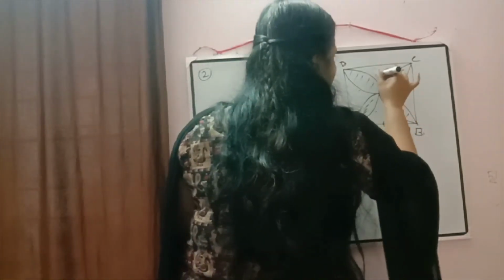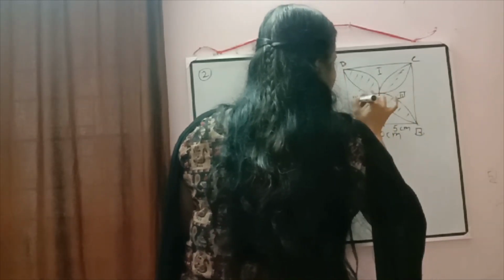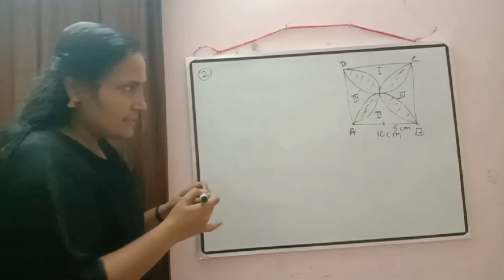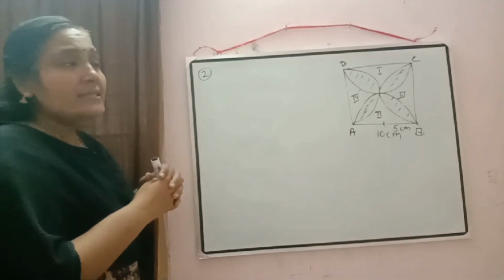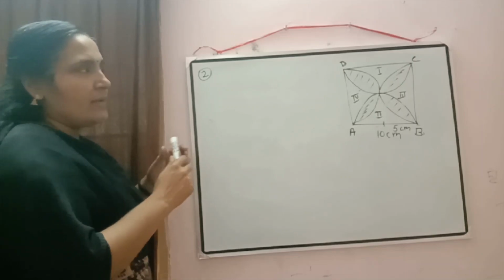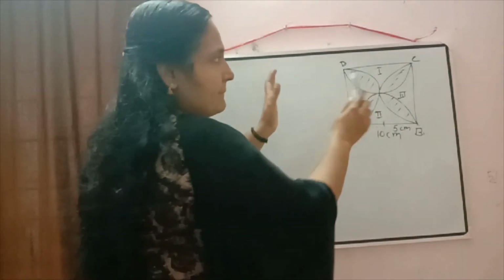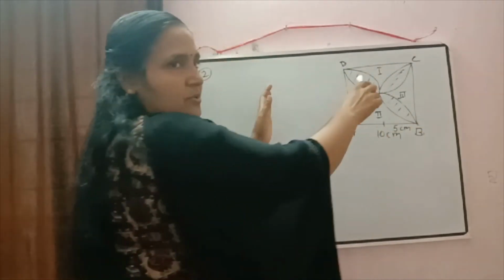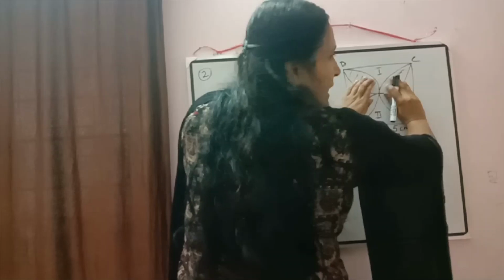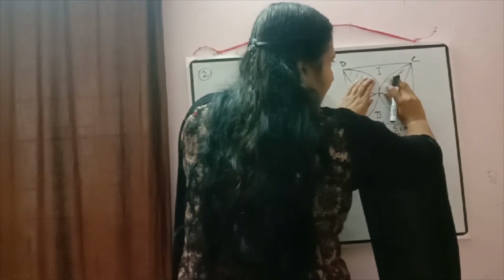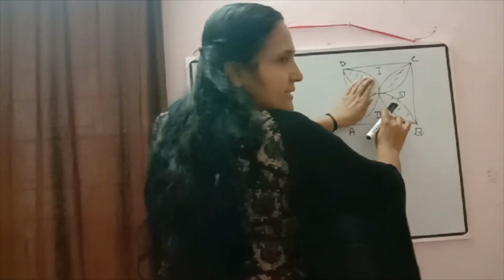So first we can mark the unshaded region here. First, second, third, fourth. Now we will check first how we will calculate the area of that unshaded region. From the area of square, if I subtract the area of these two semicircles, I will get the area of first and second region.